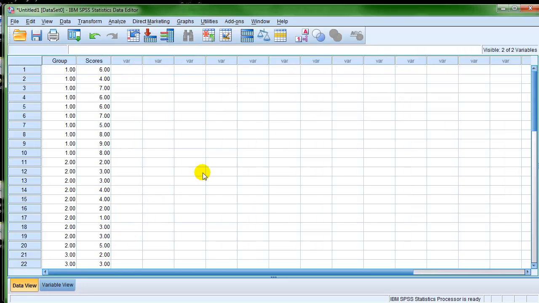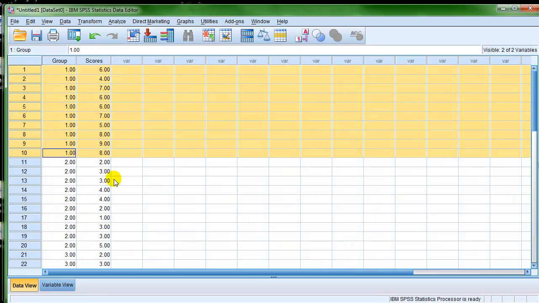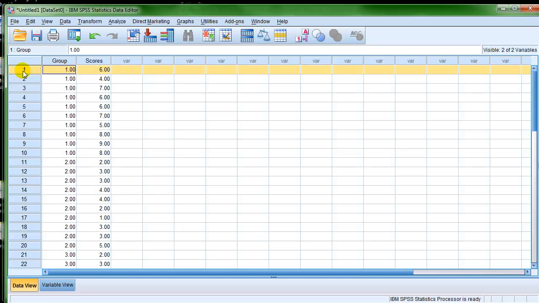So again, this should be review for you, but all of these ones here, this is telling the computer that these people belong to group 1. And we've defined the value labels, so the computer knows that people in group 1 have been taking the drug for a month, and then here are their scores. So our first case here, this person belongs to the 1 month group, and their score is a 6 on the scale.